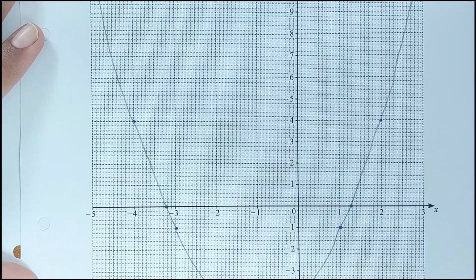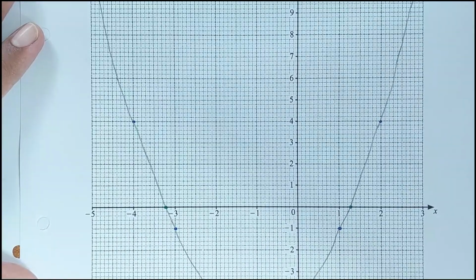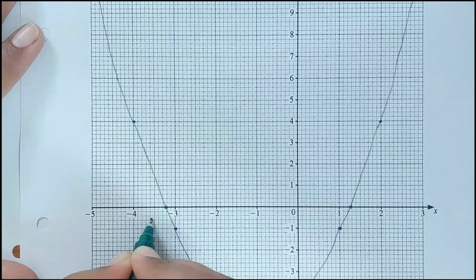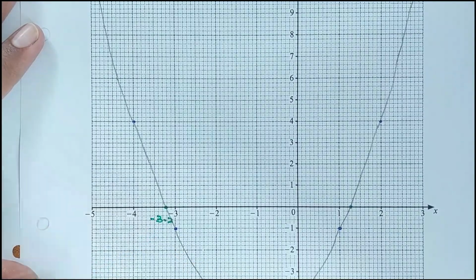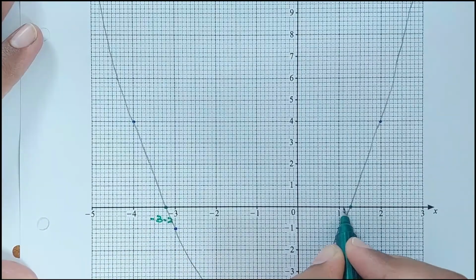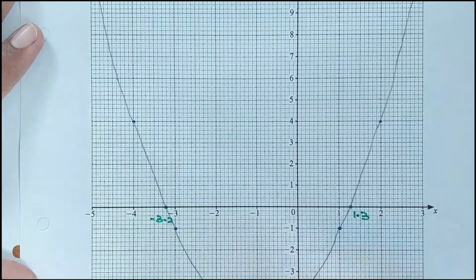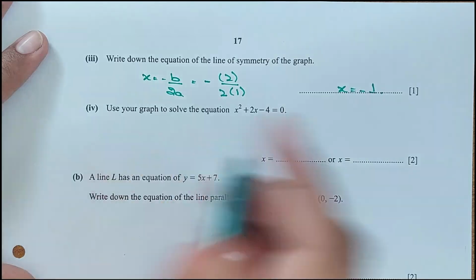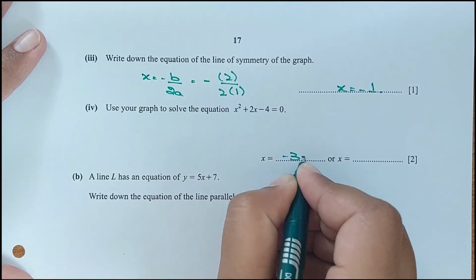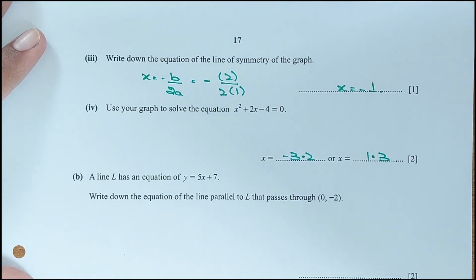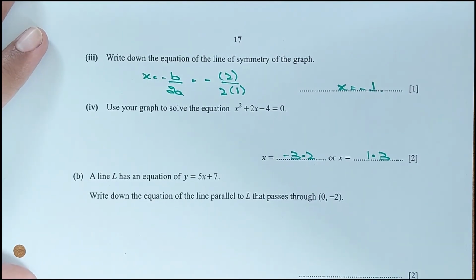So the points are -3.2 and here we have 1, 2 and 3, 1.3. So -3.2 and 1.3.